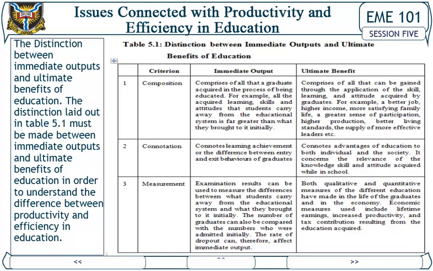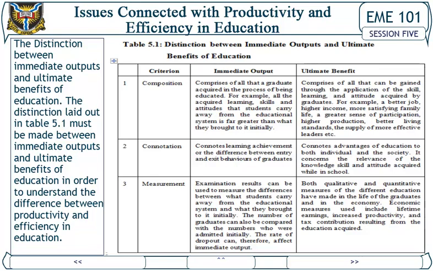Benefits of education. Criterion 1. Composition. Immediate output comprises all that a graduate acquired in the process of being educated. For example, all the acquired learning, skills, and attitudes that students carry away from the educational system is far greater than what they brought to it initially.